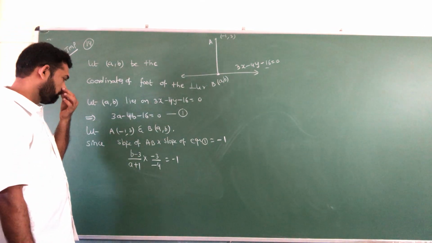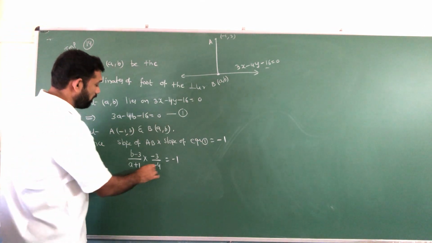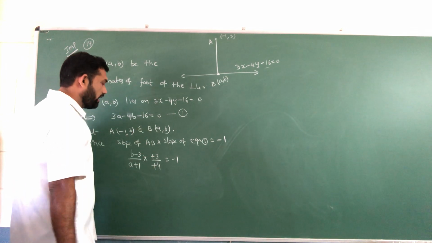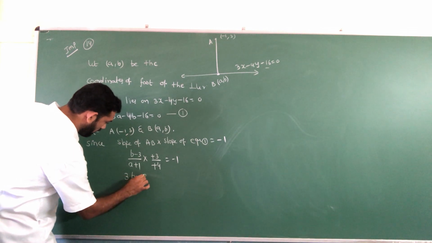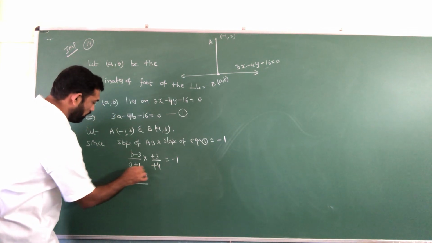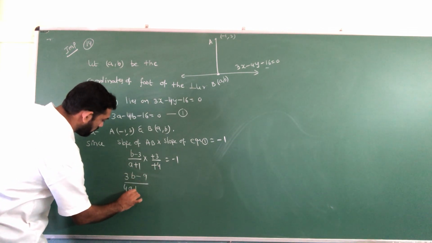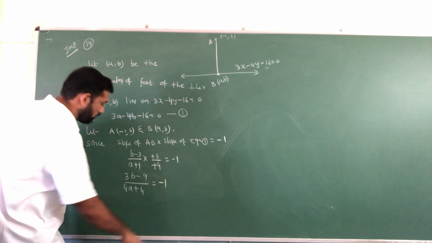Now simplification. Minus will be cancelled. Again 3 into b: (3b minus 9) divided by (4a plus 4) is equal to minus 1.